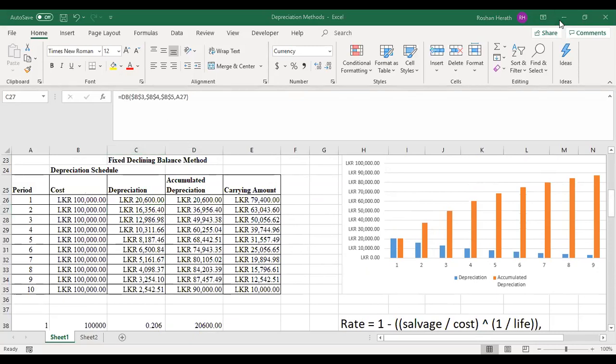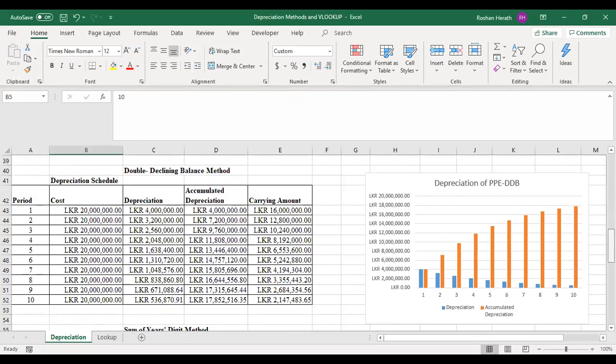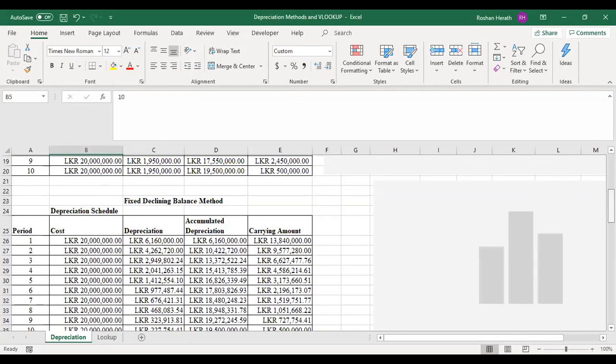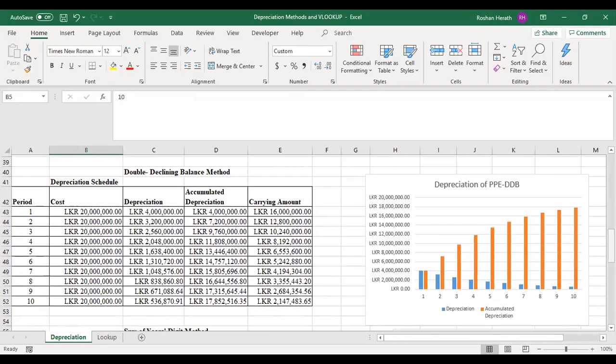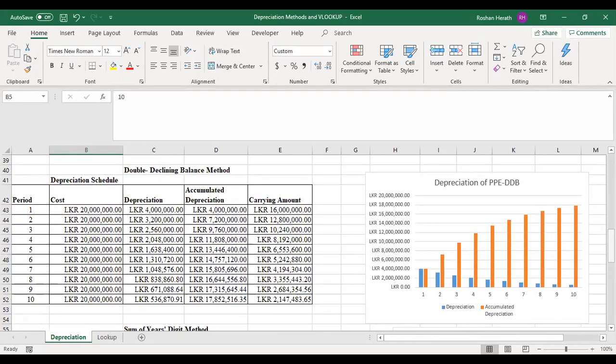Thereafter, let me take you through the third depreciation method. It's about the double declining balance. Having discussed the fixed declining balance, we come to the third depreciation method, the double declining balance method. Here we have worked it out using the double declining balance.